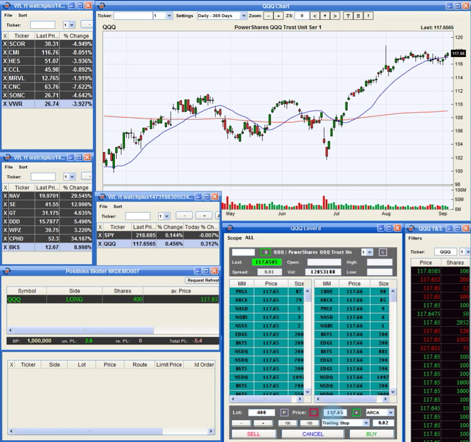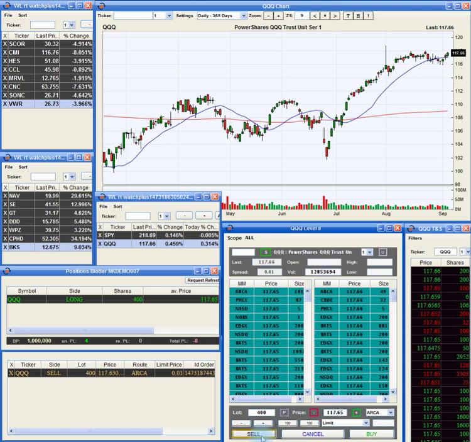117.65 is the current price here, and the trailing stop is set to 2 cents. So now I'm going to sell if it goes 2 pennies below 117.65. My stop is in the system and it's at 117.64.